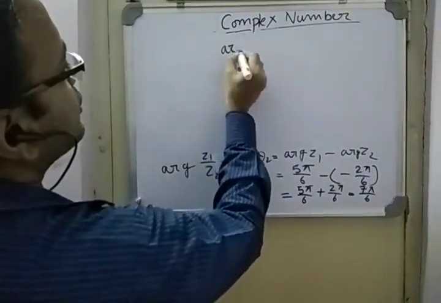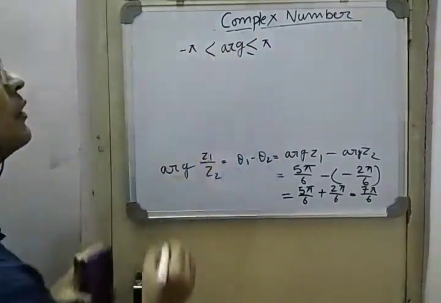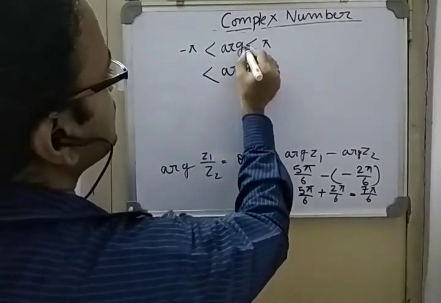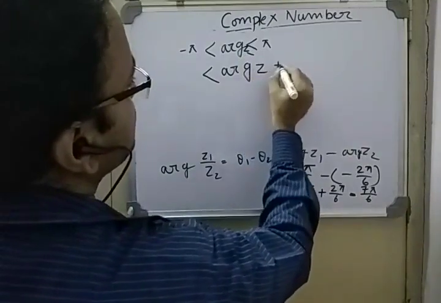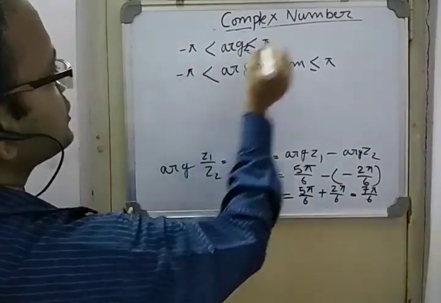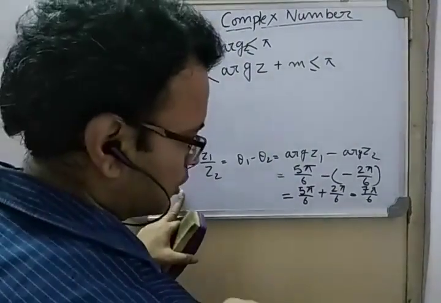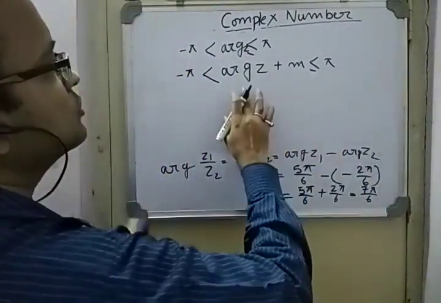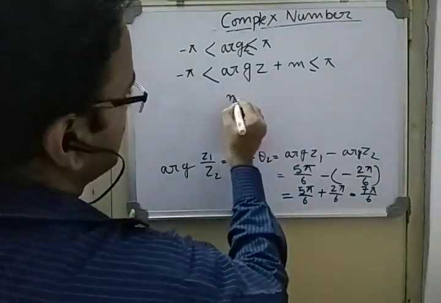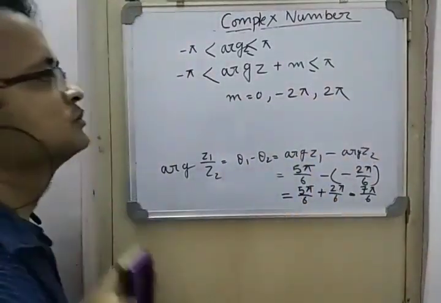See, the argument of anything is what? Pi to minus pi, okay? But the complete argument of z was not complete, considering these cases where the principal value crosses pi, it's more than pi. So in its more generalized form we write it as this, where m is 0, minus 2 pi or plus 2 pi.